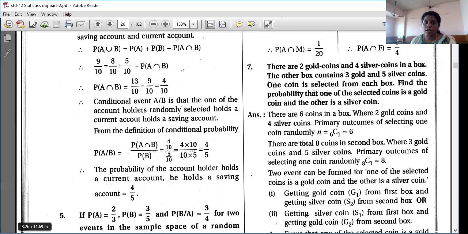And if mutually exclusive or exhaustive is not mentioned, you use the formula P of A union B is equal to P of A plus P of B minus P of A intersection B. This is how you solve sums using conditional probability and the law of addition.